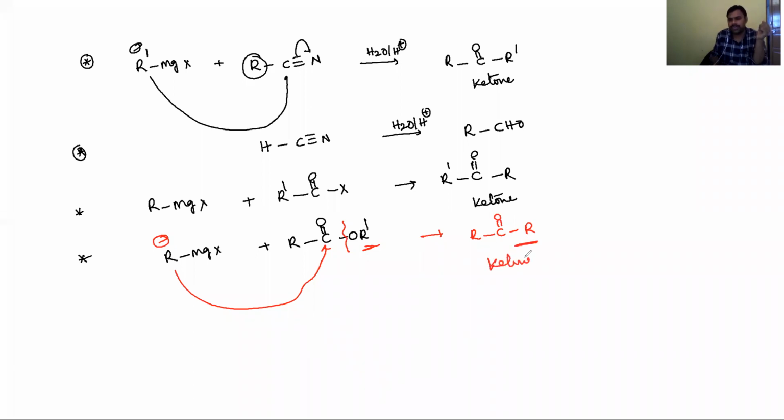If excess Grignard reagent is used, it reacts further with RMgX, and upon hydrolysis in acidic medium produces tertiary alcohols.